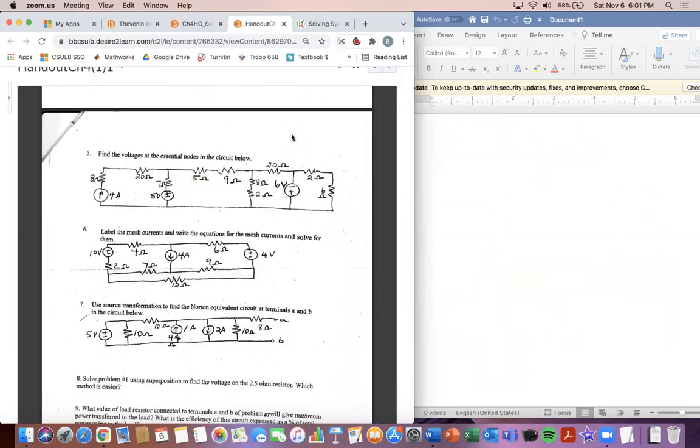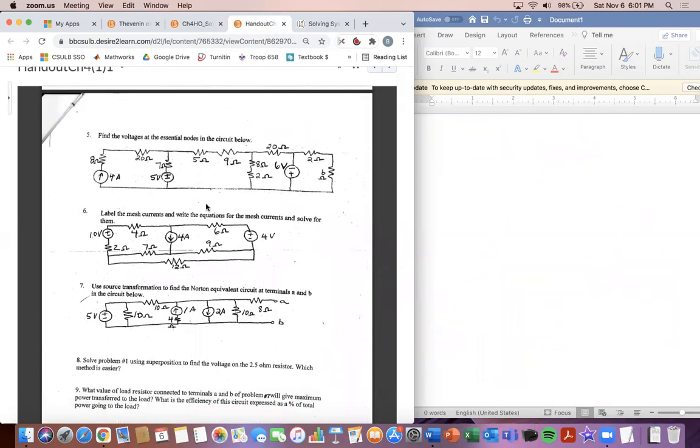And so what we're going to get here for number 5, find the voltage at the essential nodes in the circuit below. And so my first course of action is like, oh my word, I see the circuit. What the freak do I do? So don't worry. Right off the top, hey, this guy is in series. This 8 ohms is in series with this 20 ohms.